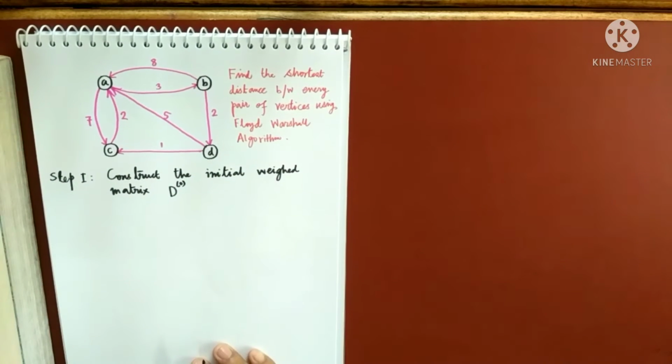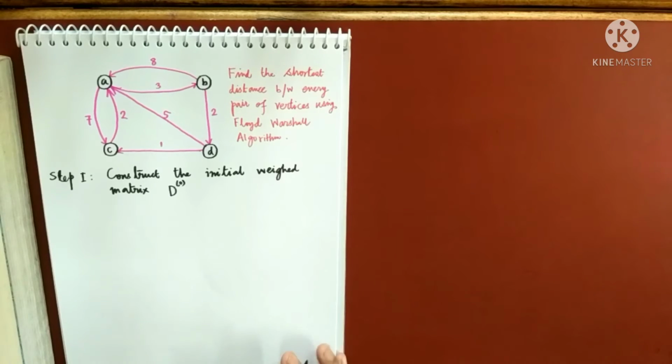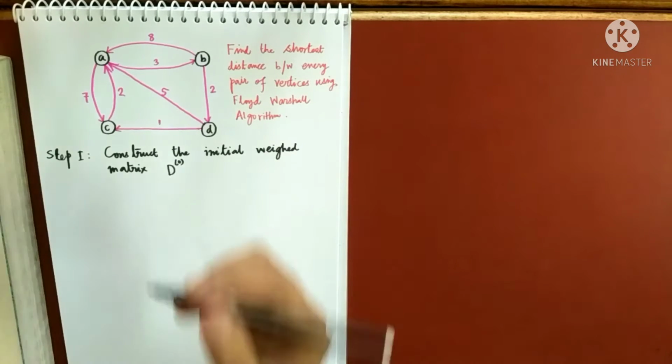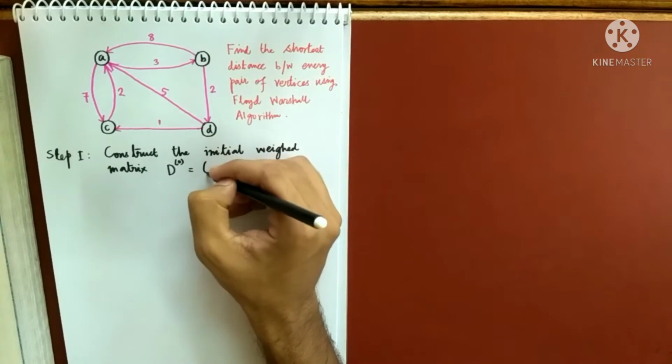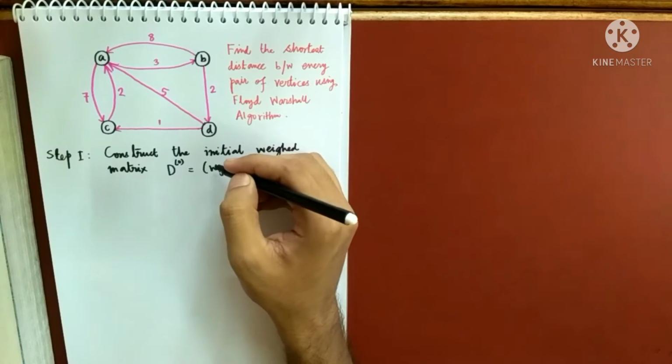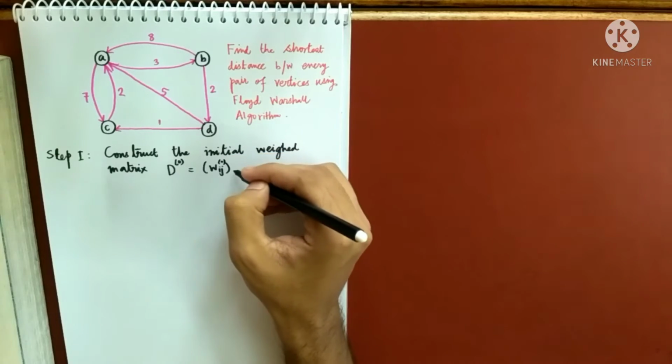That is the initial weighted matrix. Okay. So let's construct the initial weighted matrix. You know how to compute the initial weighted matrix. So this is equal to Wij. Okay. And I'll call this D0.